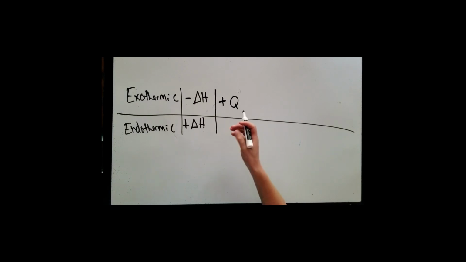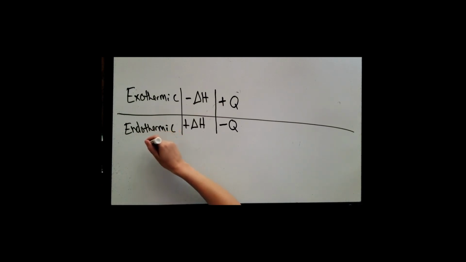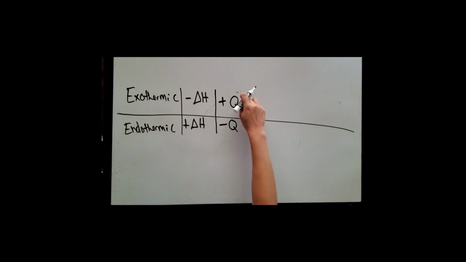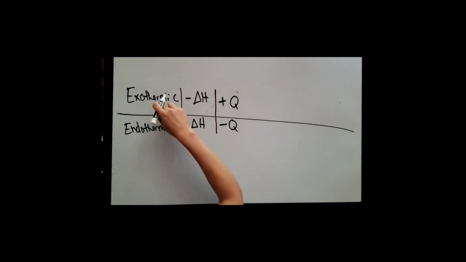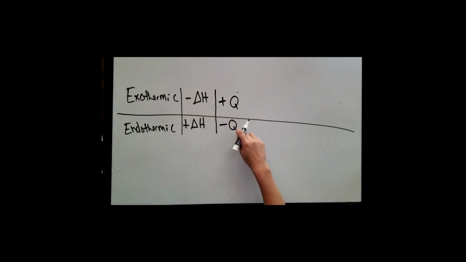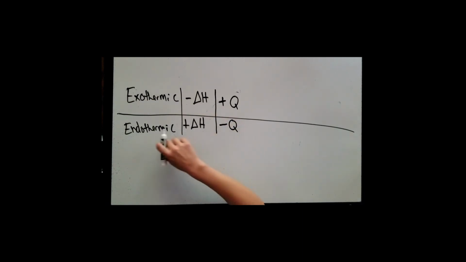You can feel it getting warmer in your hand. It's exothermic. If the Q value that you calculate is negative, that means the change in temperature is negative because you can feel the object getting colder. It's endothermic. So object getting hotter, releasing heat, exothermic. Object getting colder, absorbing heat from your hand, endothermic.